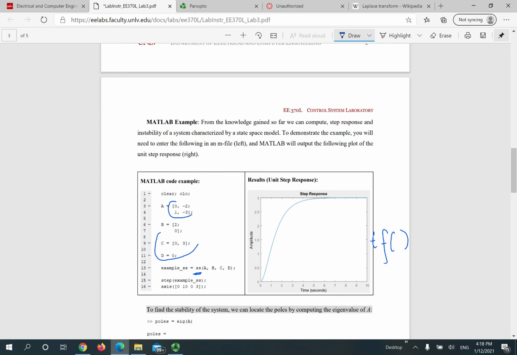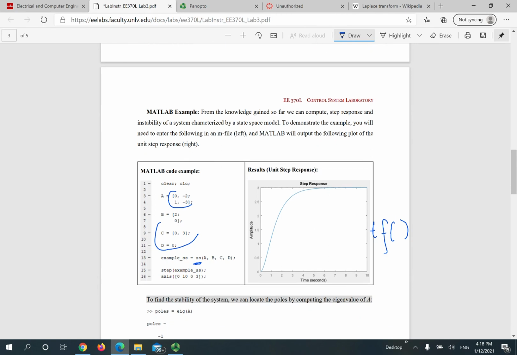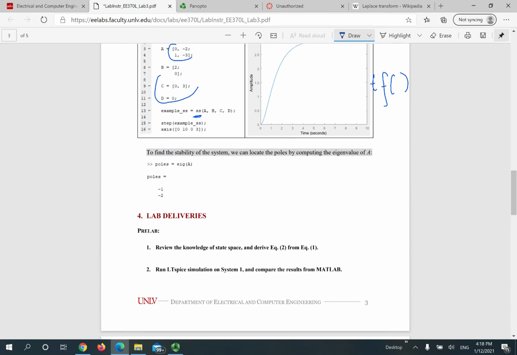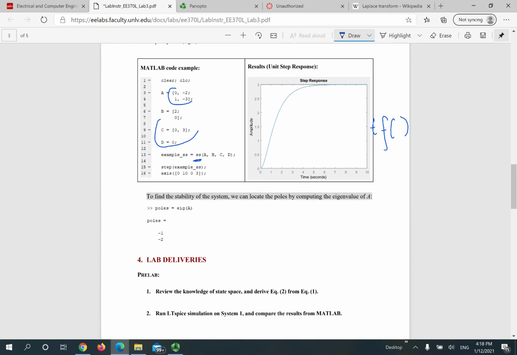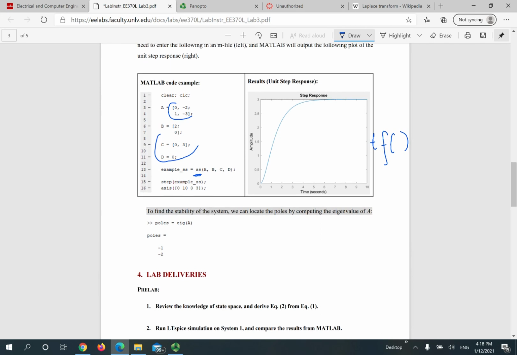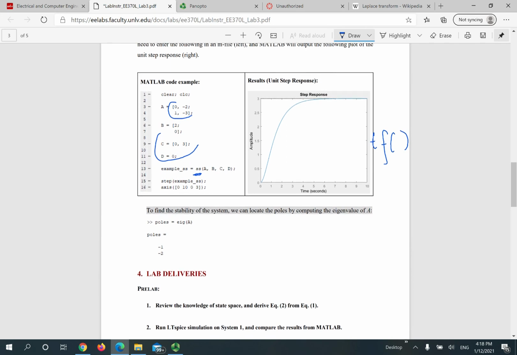Then we can use the step or impulse of this system to generate the step response or the impulse response. So this is an example of how to use state space modeling to describe a circuit or a system, in comparison with the transfer function.